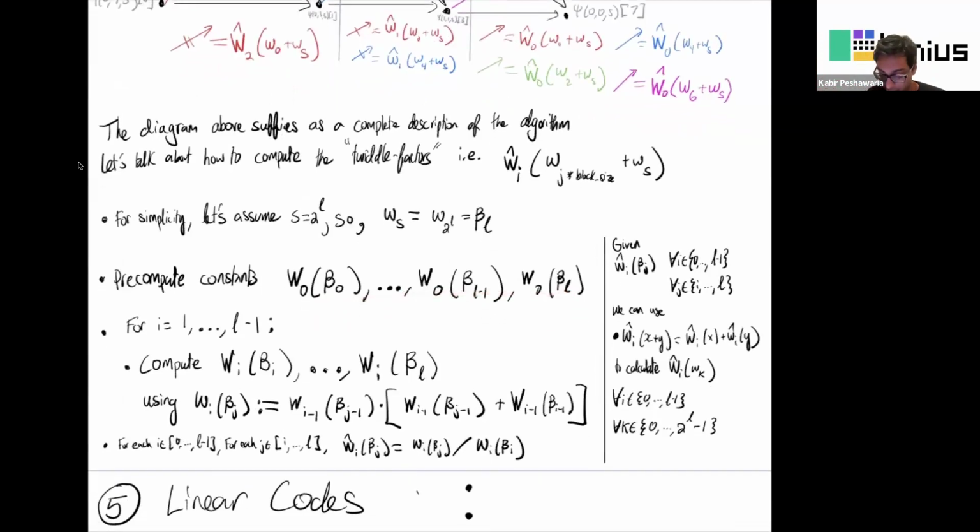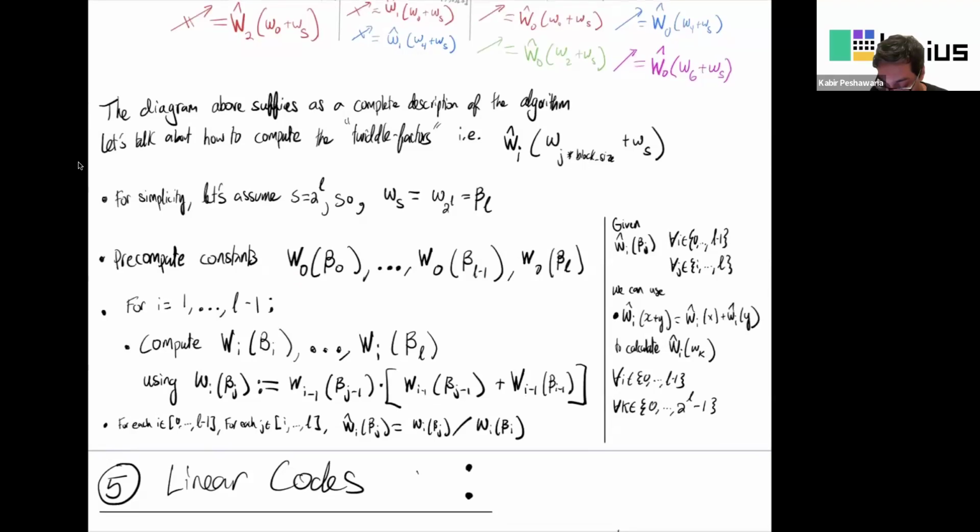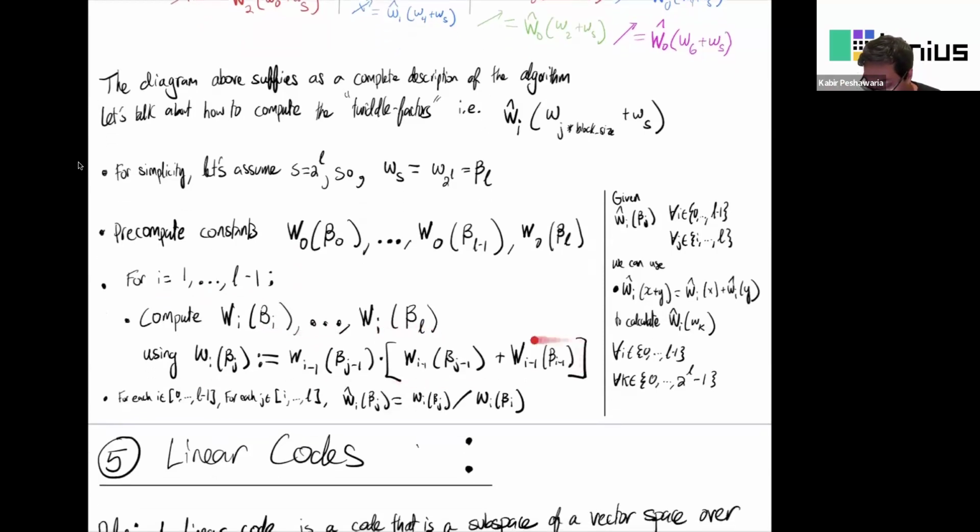You basically do a DP-like thing where you start by computing the non-normalized subspace polynomial W0 at each of these basis elements. That's easy to do because W0 is simply the identity map. Then for each i, you can compute Wi at beta i onwards by looking back at the previous non-normalized subspace polynomial, using this identity that we talked about at the end of section 1, this lemma.